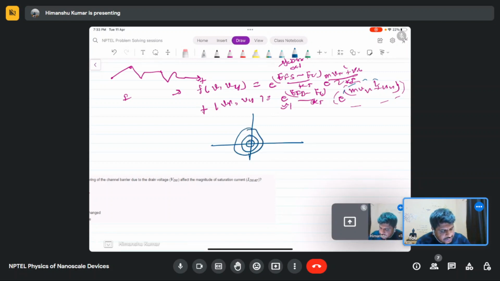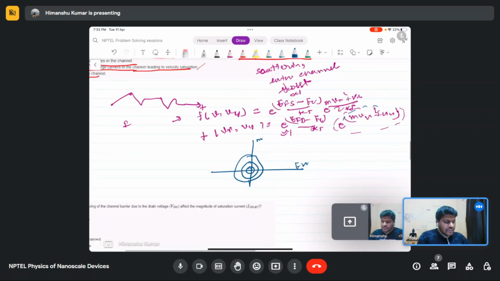One axis is velocity in the x direction, and the other axis is velocity in the y direction. These f are basically probability distribution functions. In the case of zero applied bias, these functions are symmetric, so there is no skewness in this Gaussian distribution.